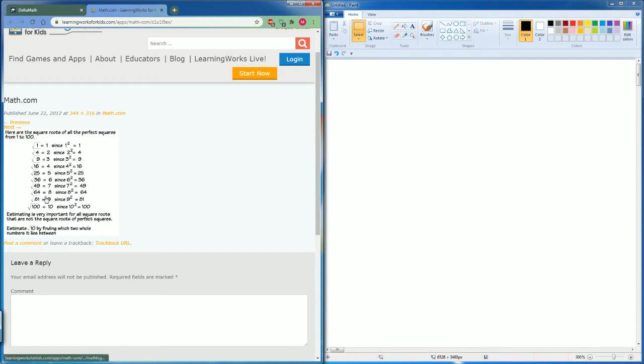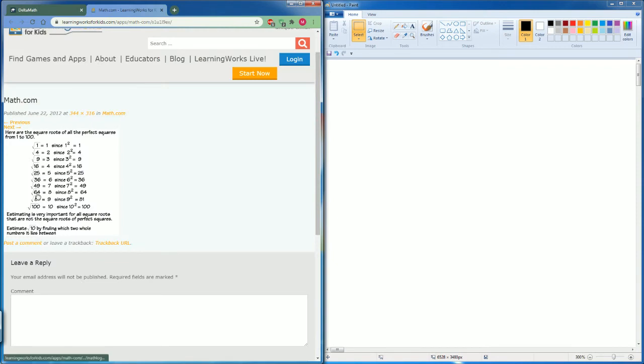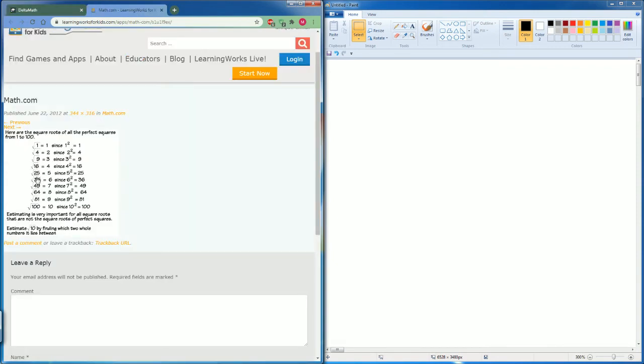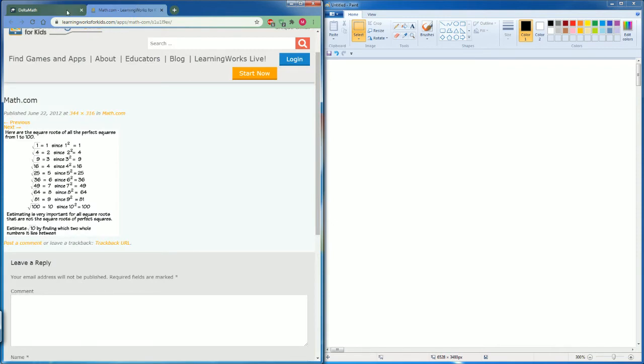180. Can we use 81? No, 81 doesn't look like it. 64, 49. Let's try 16. 180 divided by 16? No, you can't do that. 180 divided by 64?